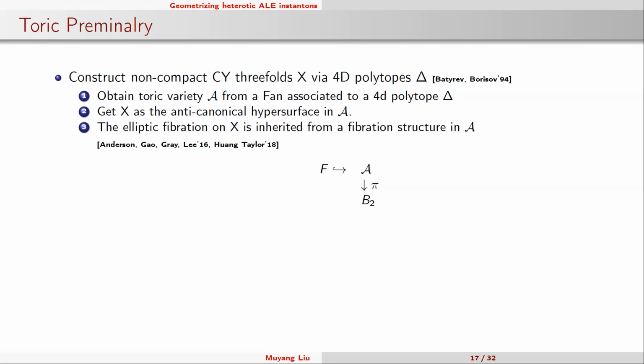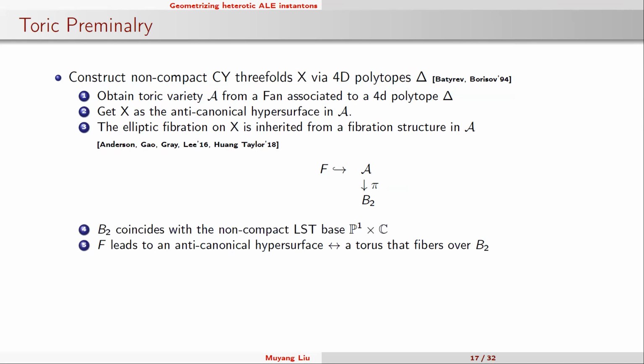This structure is very nice because the elliptic fibration structure on X is also inherited from the fibration structures in the ambient space. There is a group of Virginia Tech people who talk about this in a thesis, and also the group of Wati and Huang talk about the anti-canonical hypersurface in toric cases.